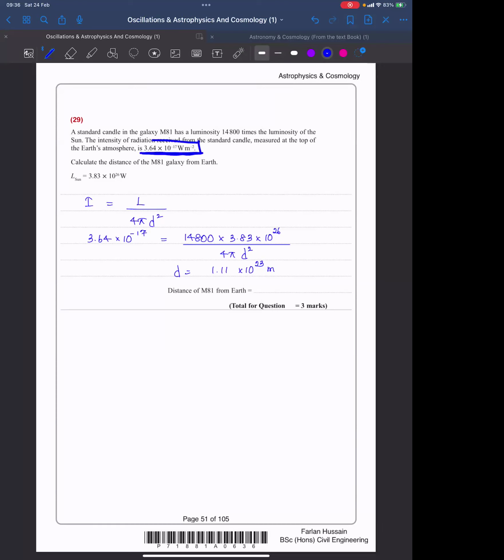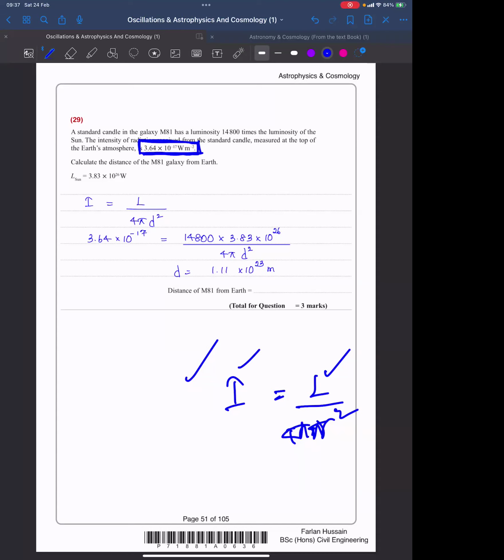The intensity is measured. So there is a method of measuring the intensity. So that means the intensity is known. Then the intensity equals L over 4 pi r square. The intensity is known and the luminosity is known. You can find the R. There is a measuring method of intensity.